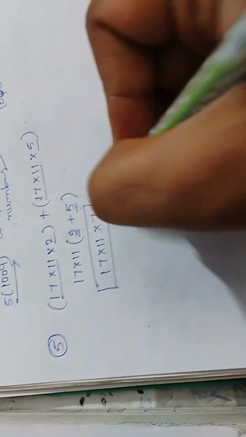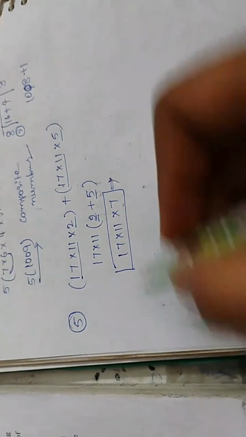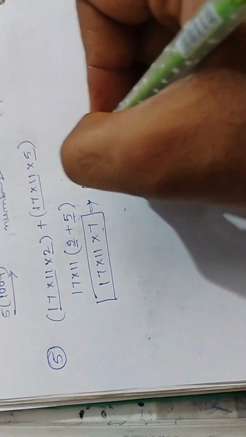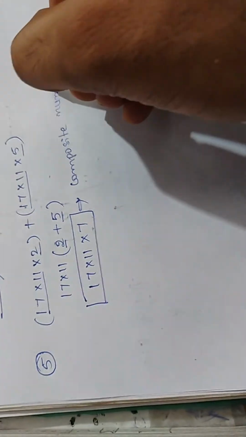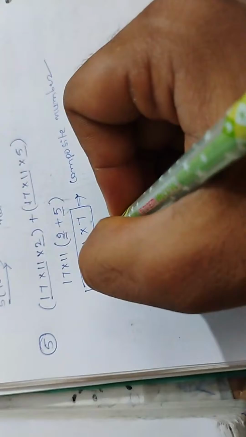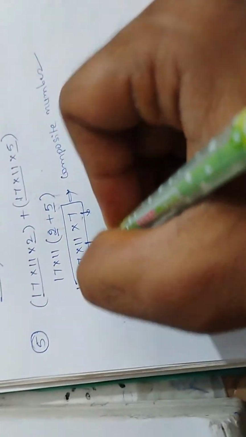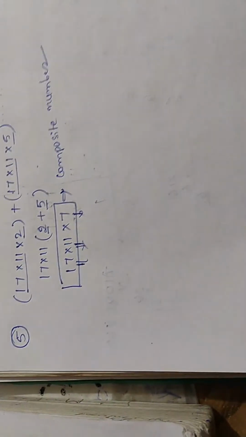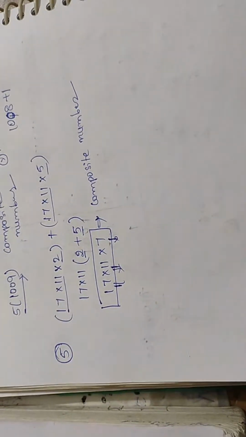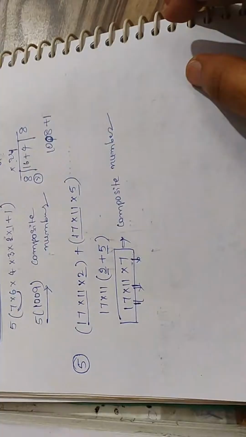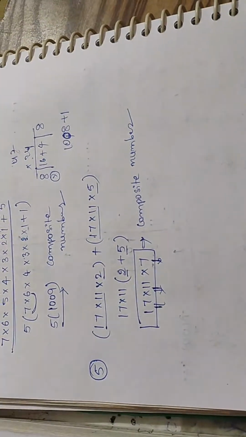So it is a composite number. For a number, 7 is a factor, 11 is a factor, 7 is a factor. More than 3 factors are there, then it is a composite number. 7, 11 and 7 are the factors of a number. So this is a composite number.